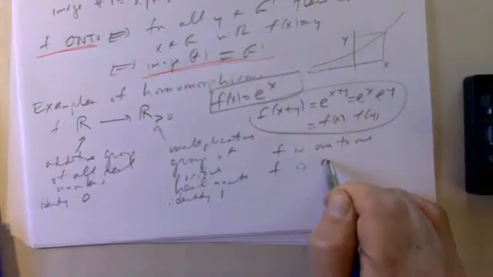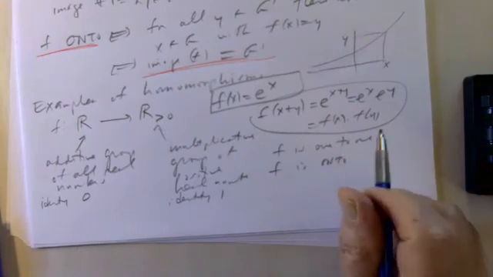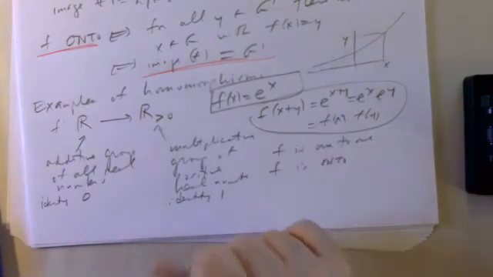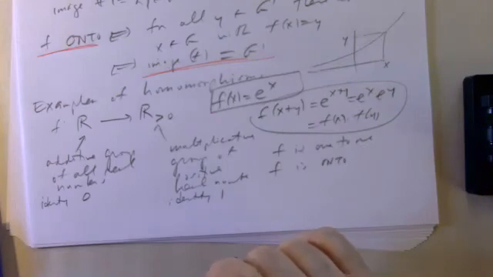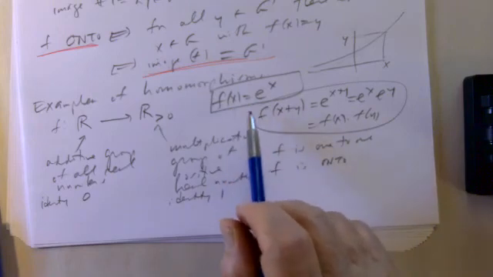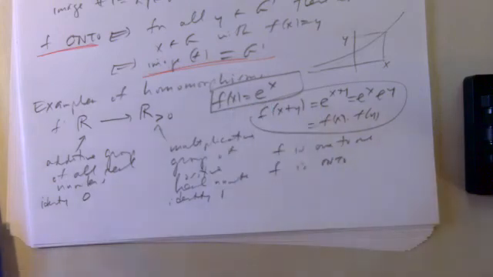And f is also onto. Every positive number is the image of something under the exponential function. So you spend a lot of time in calculus studying the function e to the x, and one of its very important properties is it is in fact a group homomorphism.